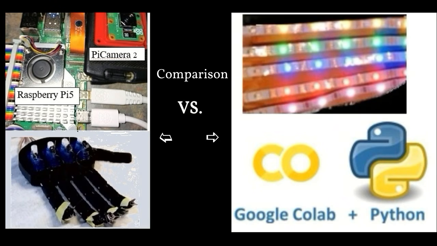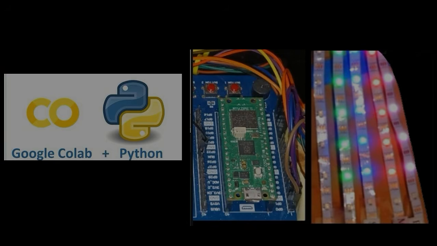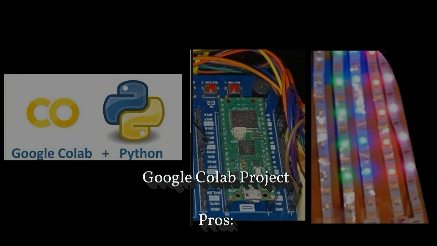I will compare two projects and evaluate their strengths and drawbacks. One uses LED strips and coding on Google Colab, and the other uses a Raspberry Pi 5 with a robotic hand. Here are the pros for the LED project.